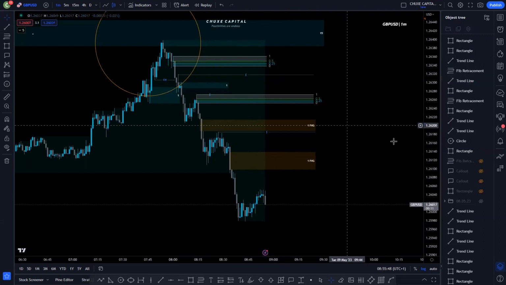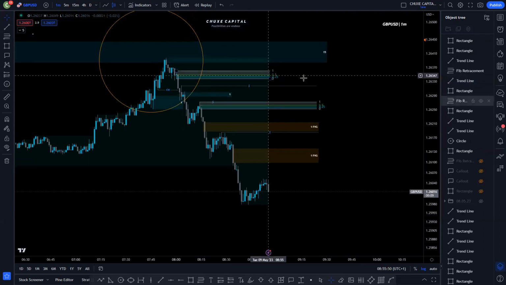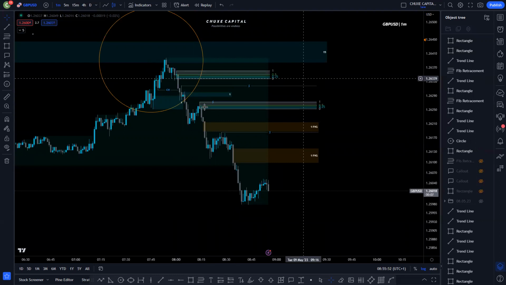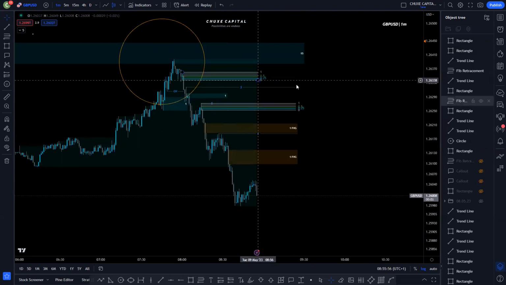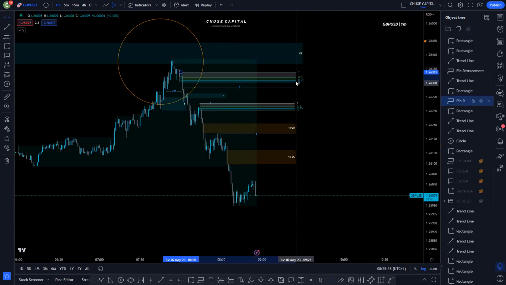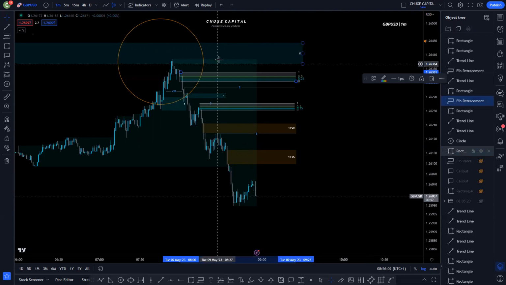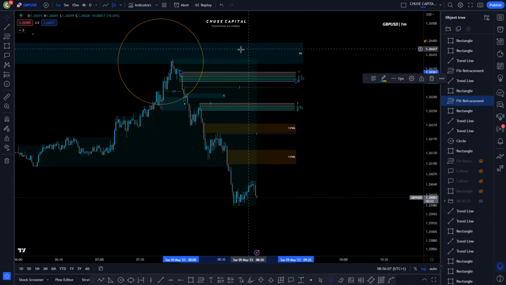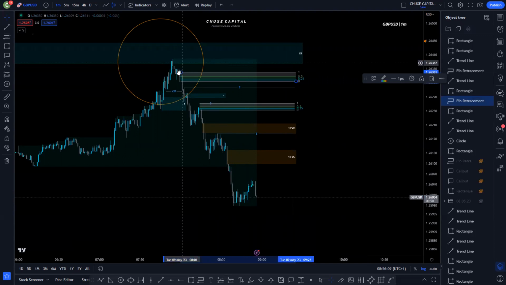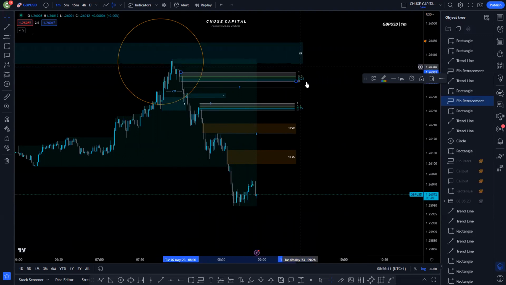And if that fails, this is the final one I'll be looking at, based on the current market play we're seeing. So either this or this very extreme one. But even if I want to enter from here, I'll at least make sure that the high is covered, or safest would be to just enter from here.